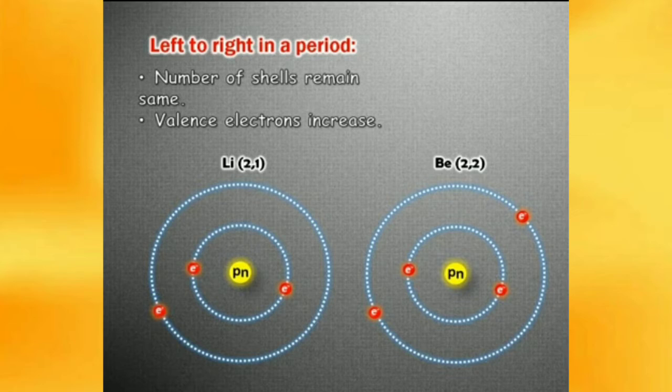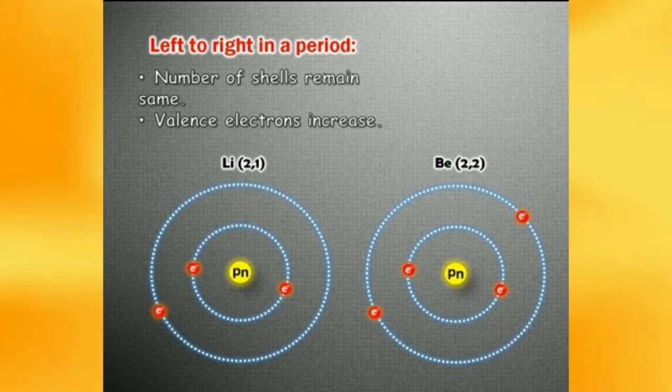So here in the outermost shell, the number of electrons has increased, right? Now it is 2. So the valence electron is increasing as we go from left to right. So we can say that atomic radius will go on decreasing from left to right within a period.